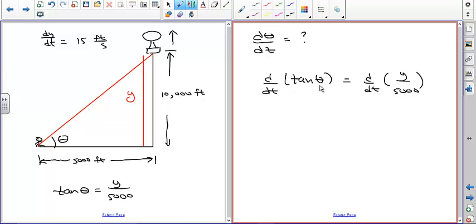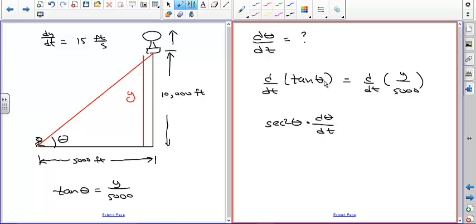So we haven't done this yet. The variable is theta over here, and I'm taking the derivative with respect to time. Does anybody remember what the derivative of the tangent is? Probably not. The derivative of the tangent is secant squared. So you get secant squared theta, but because you're doing implicit differentiation, you get d theta dt at the end.